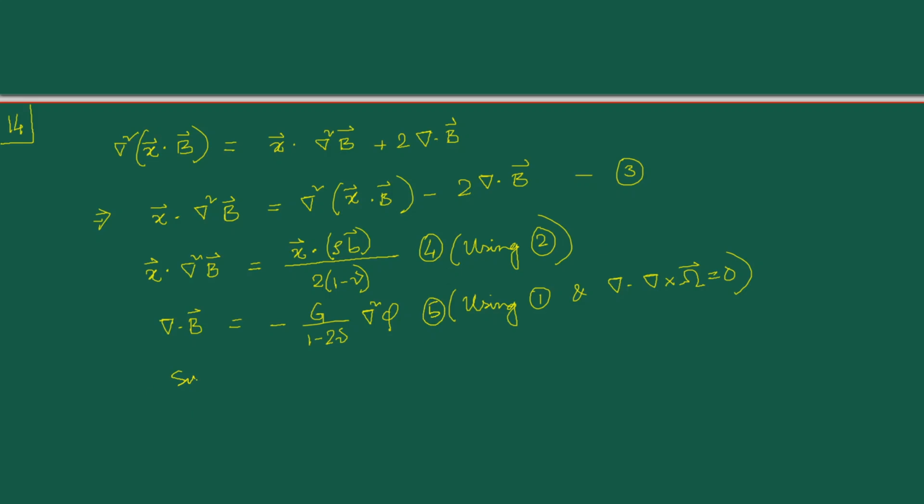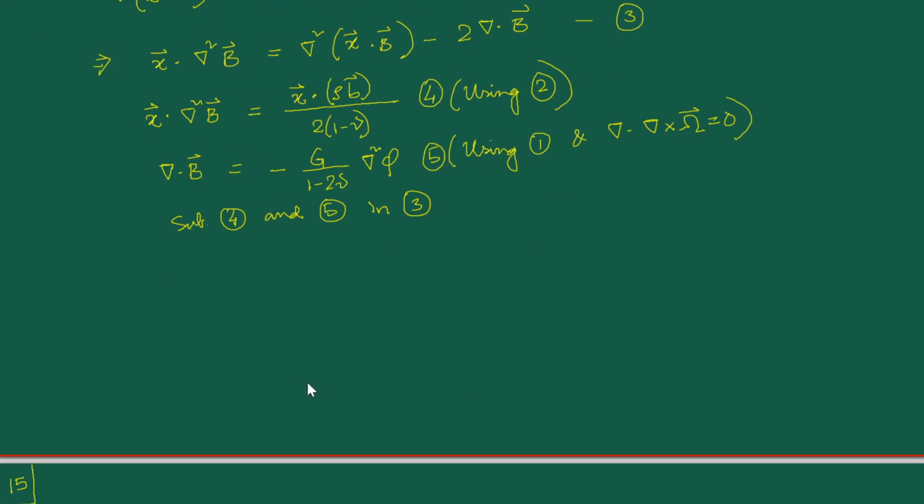So substituting 4 and 5 in 3, what we obtain is, on the left hand side, x dot rho b vector divided by 2 into 1 minus nu, is equal to the Laplacian of x dot b vector, minus, so there's a minus here, so overall this will be plus, twice g Laplacian of phi divided by 1 minus twice nu.